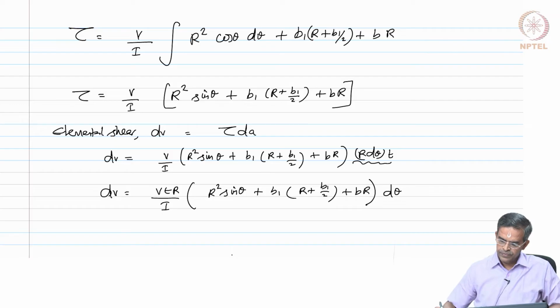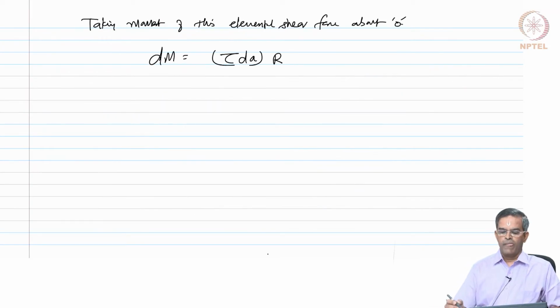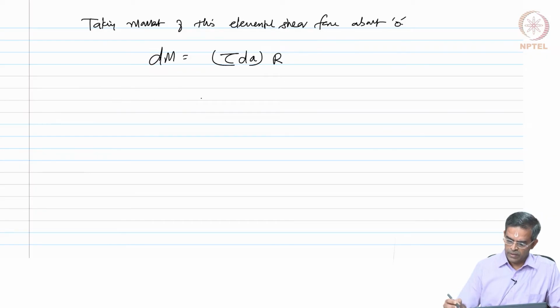See here, the distance will be r, is it not? Into r. So, therefore, dm now will become Vt r square by I. Let me write the equation for tau dA.